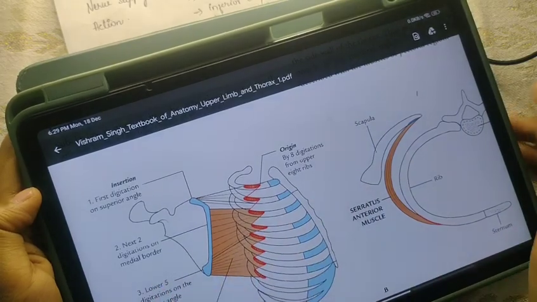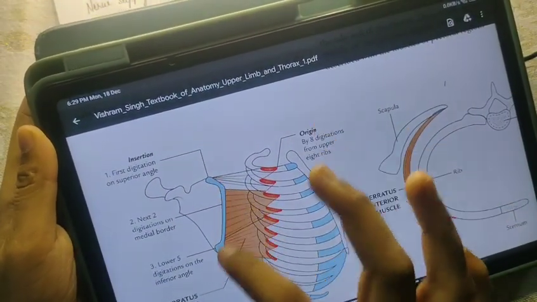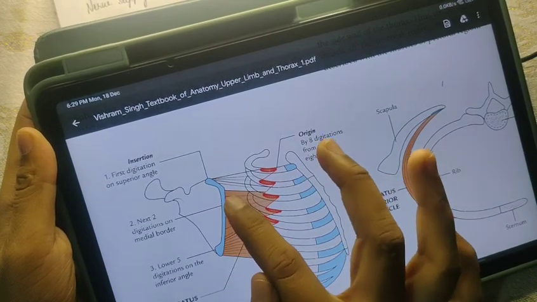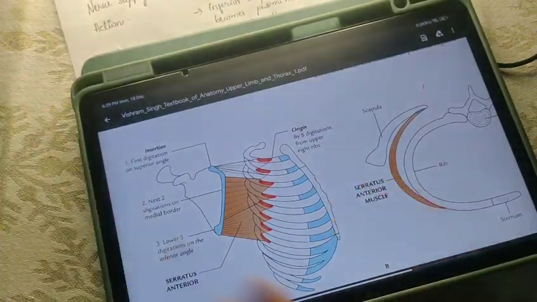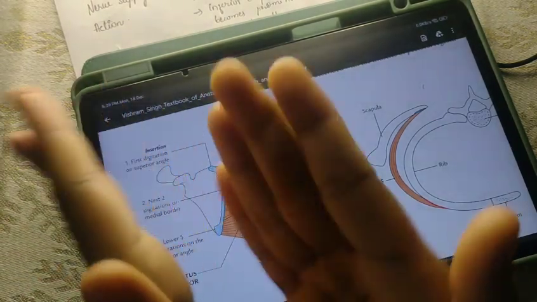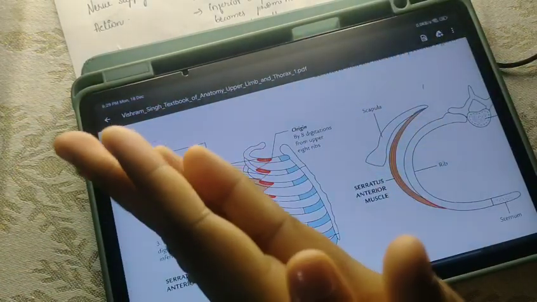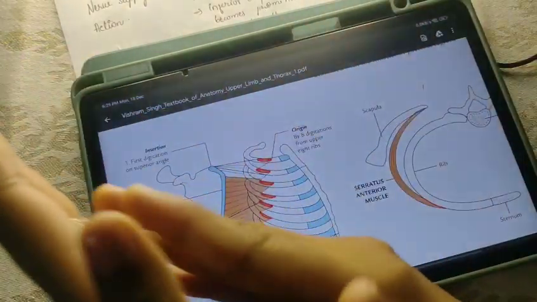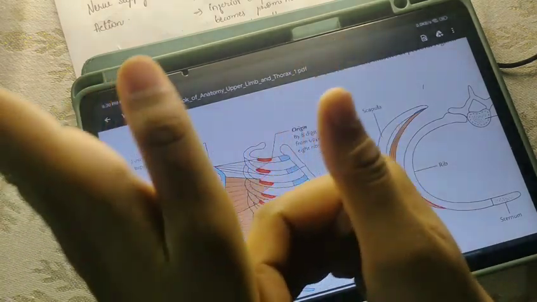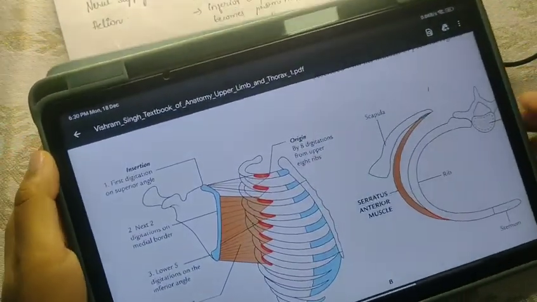It originates by 8 digitations, and then it is inserted into the scapula. This is the superior angle of the scapula, this is the inferior angle of the scapula, this is the medial border of the scapula. Scapula has 2 surfaces. This is the costal surface which will be close to the rib cage, whereas this is the dorsal surface. So we can say it is inserted into the medial border, anterior surface, superior angle, inferior angle and medial border of the costal surface.